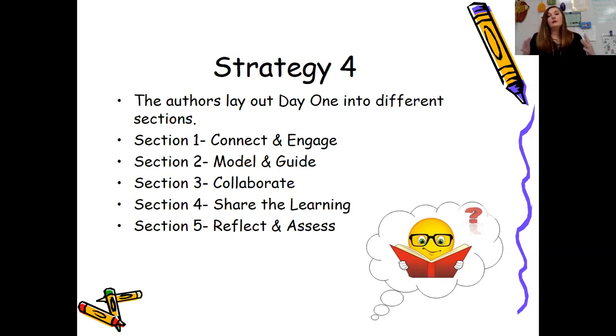And later on, throughout these sessions, you'll see that it talks about biographies a lot, and Helen Keller is like a biography. So again, set up the exact same way. That was for connect and engage. Model and guide are combined at this point, and it has you ask three kids to model a written conversation for the class. So you're going to actually model what it looks like to have a written conversation.